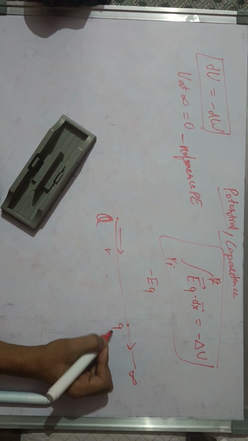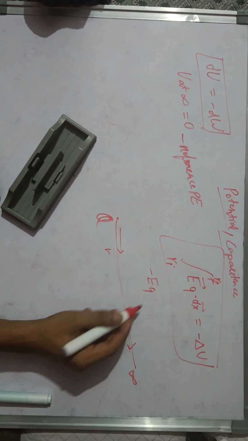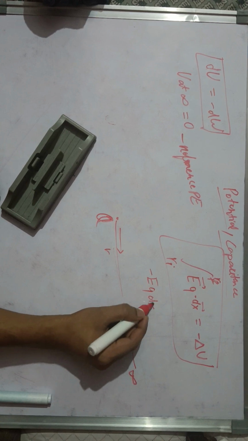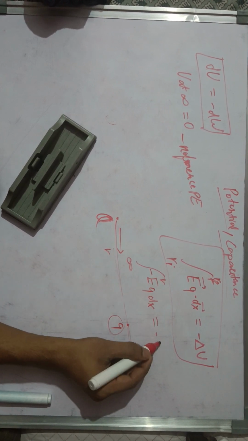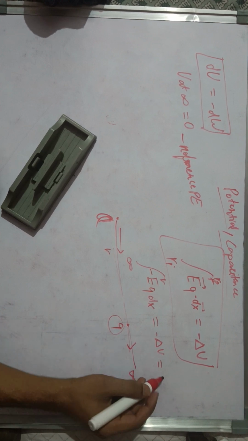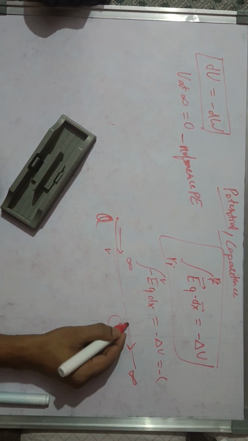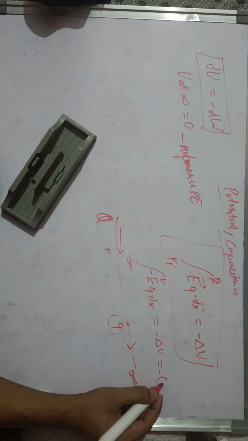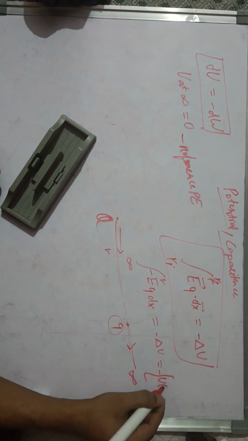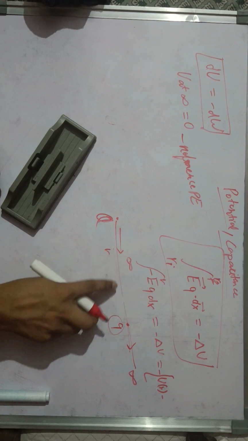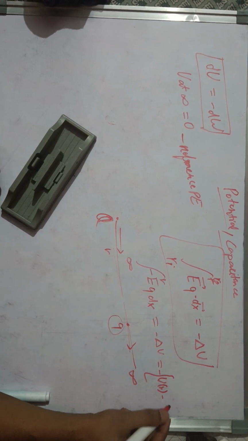The charge which I am moving, the test charge, is q, so integral of Eq dx from infinity to r would be equal to minus delta U, which is equal to minus of U at this r distance minus potential energy at infinity, which is 0.